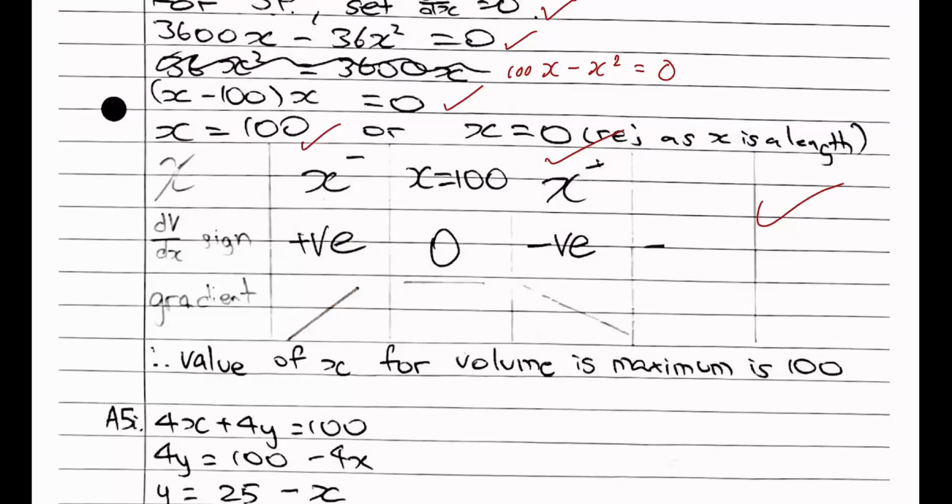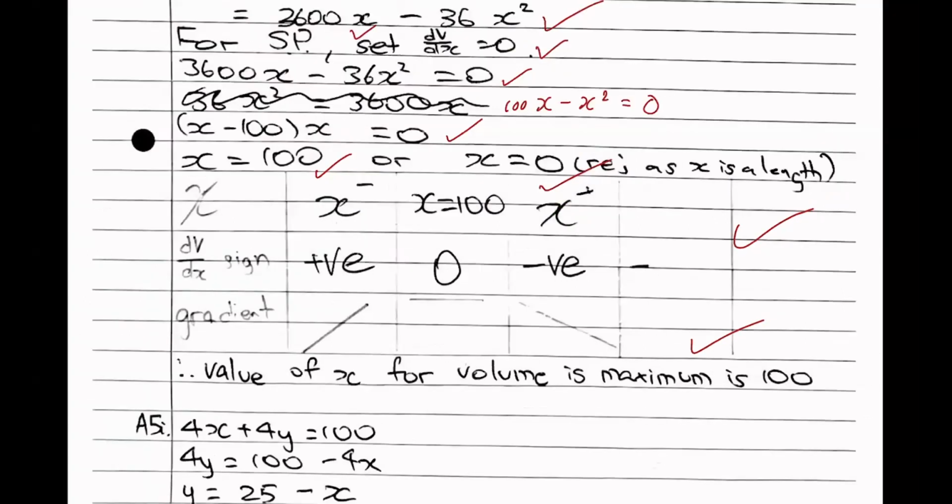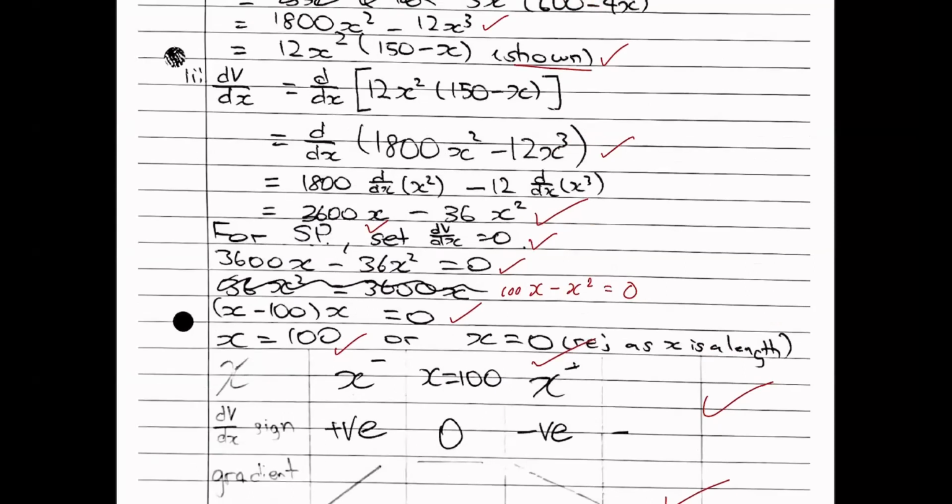Very good. Just sub in a value slightly smaller and larger than 100, like 99.9 or 100.1 or 0.001, into the dV by dx expression, which is 3600x minus 36x squared. You get positive, you get negative.